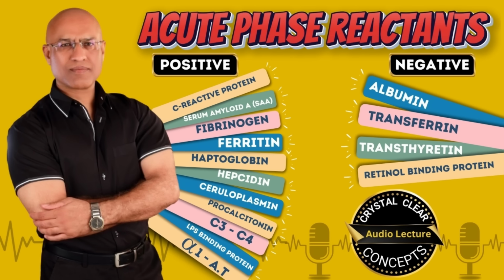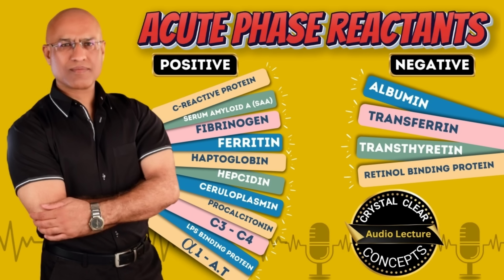ESR, erythrocyte sedimentation rate, a commonly done lab test, mainly depends on serum or plasma fibrinogen level, 70 to 80%. There are many other factors which also influence the ESR. Those factors we will study in a separate lecture, which will come with the heading of ESR.